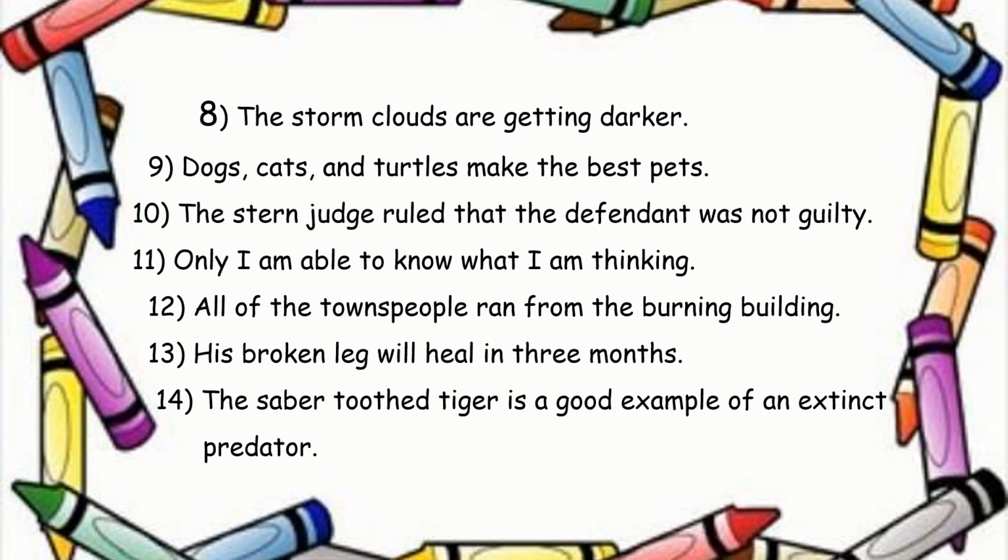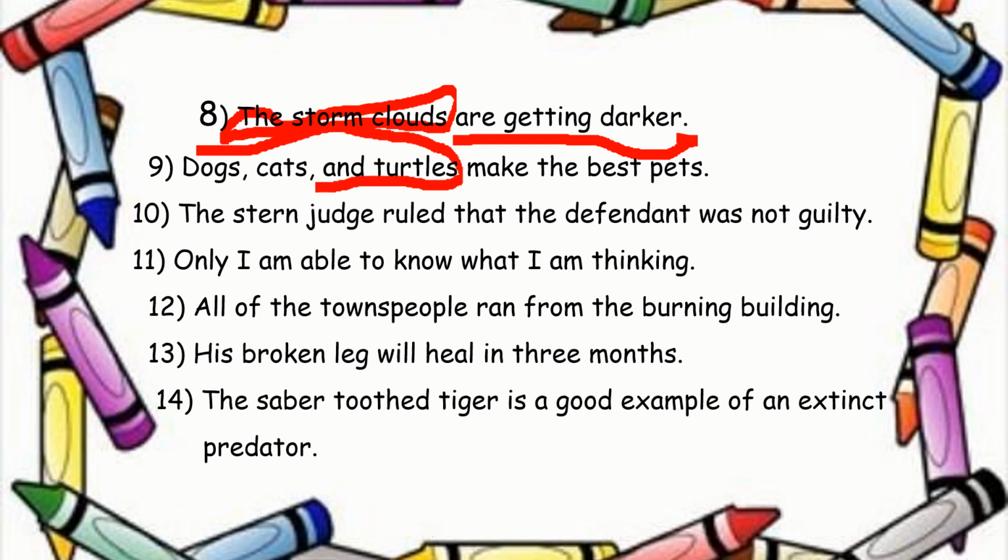The eighth one. The storm clouds are getting darker. Here, the storm clouds is the subject and are getting darker is the predicate. Ninth one. Dogs, cats and turtles make the best pets. Here, dogs, cats and turtles is the subject. Make the best pets is the predicate.